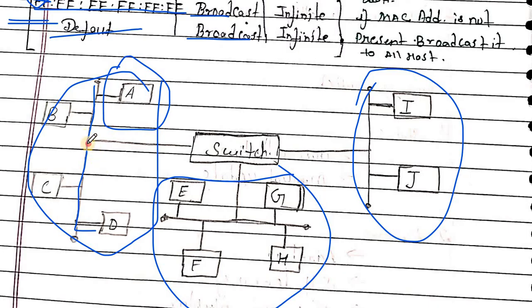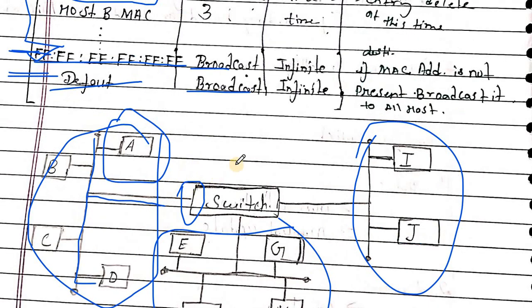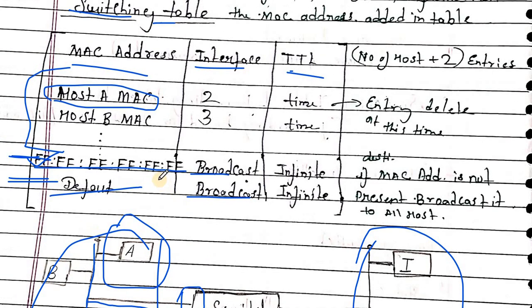Now if some frames go through the switch, when the switch gets the packet, it processes it and checks the destination host. If the switch gets the frame, it first checks the source address.